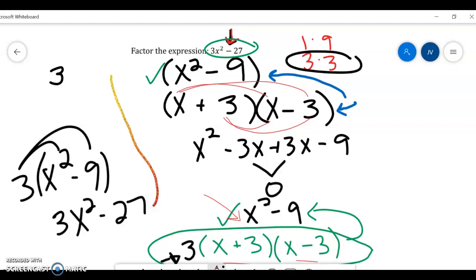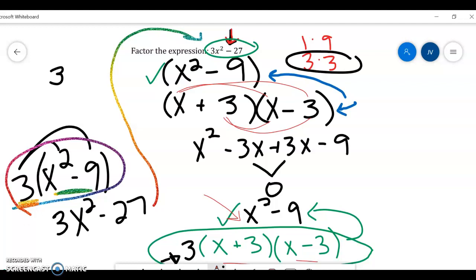Check that out. This one matches right there. So this 3 here in the front of this part is getting us our answers. That means this is our correct factored form right here.